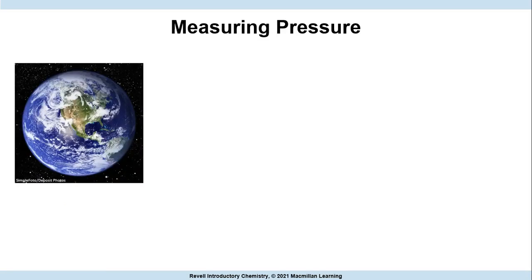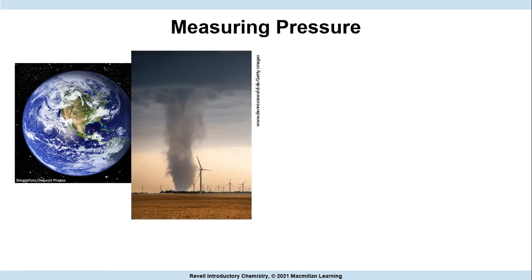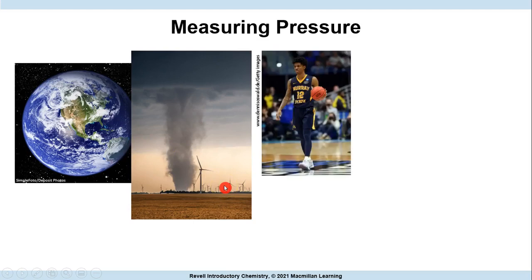Now, how can we measure pressure? Pressure is involved in everyday activity that we encounter. For example, the atmospheric pressure is involved with what is happening around us, and it also affects weather conditions like wind. The change in atmospheric pressure will affect the wind speed and other properties.